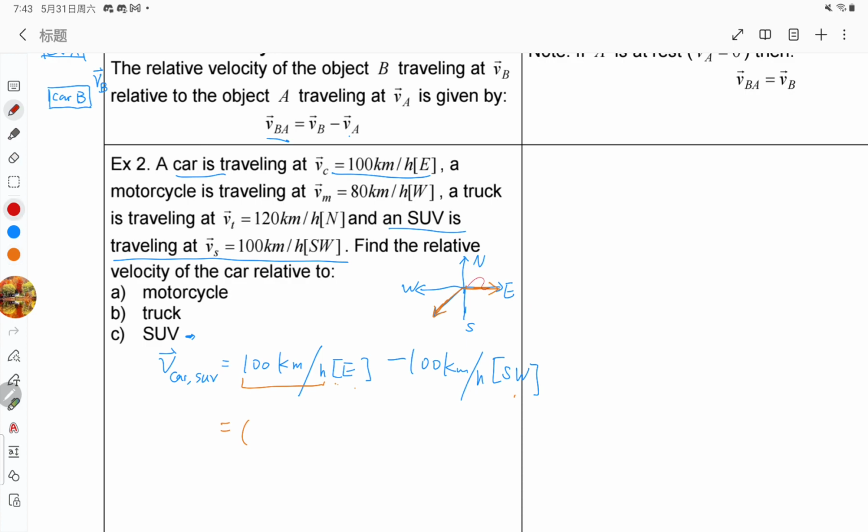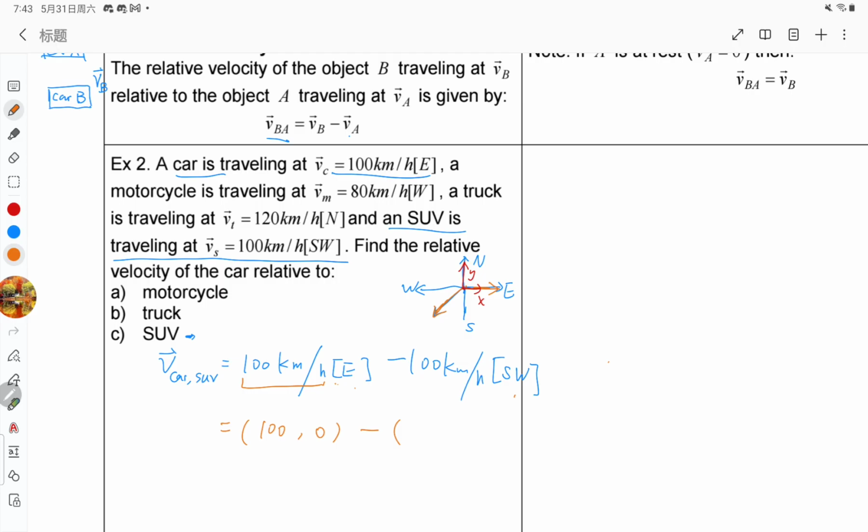I'll just assume that this is the x direction and this is the y direction. I think it's easier to calculate in this way. The x direction is just 100, so east is 100, 0 on the positive y direction, and then minus southwest, x and y.